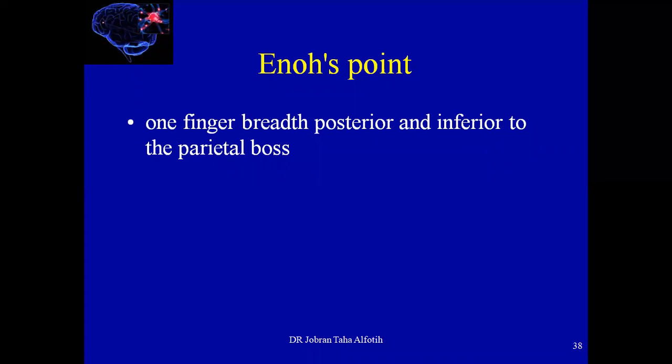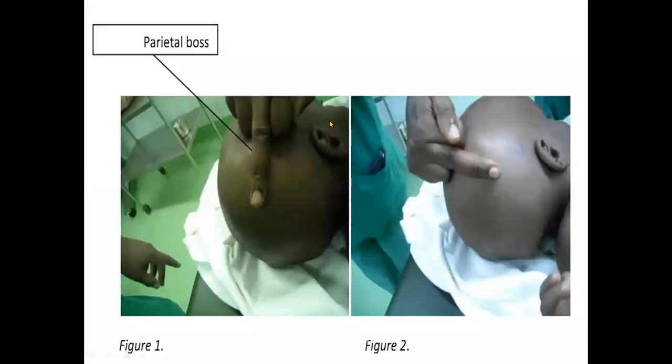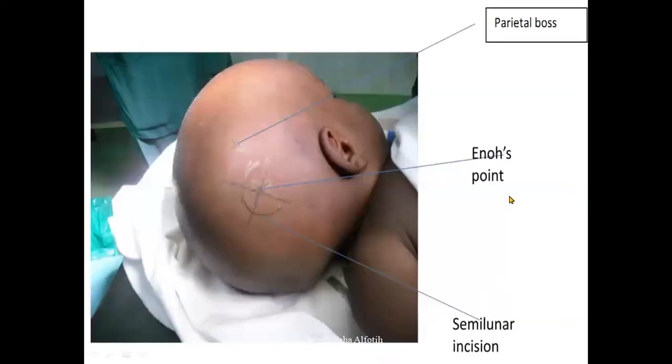This is the parietal boss. Superior to the parietal boss by 1 finger breadth, and posterior to the parietal boss, it will be your entry point, or it's called Keen's point, as we see here.